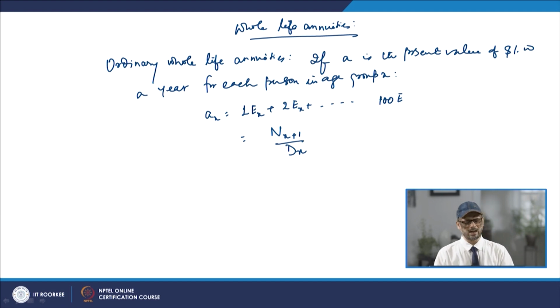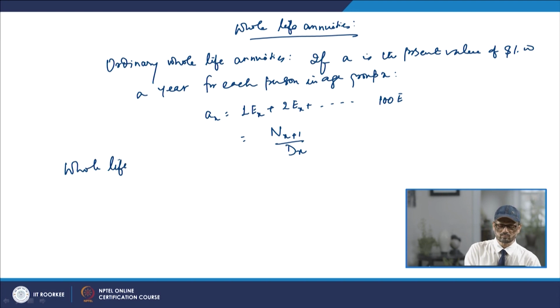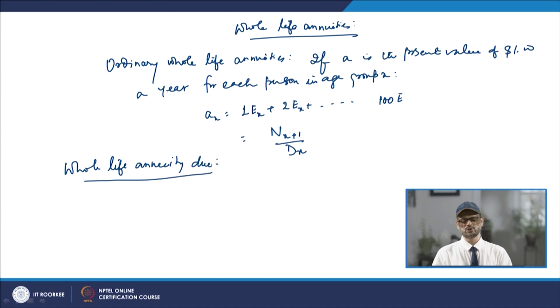Now, there is another type of this, that is the whole life annuity due. What annuity due means is that in this case the first payment will be made at the time of purchase itself. That is why it is known as the annuity due. So you are making one payment while purchasing itself.